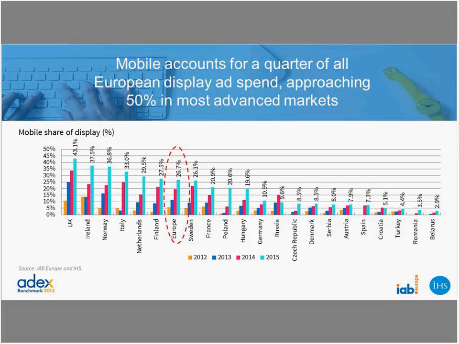Interesting: a European average of 26.7% mobile share of display. In the US, it's 35%. You see here in the study 3 markets that have a higher mobile share of display than the US currently has, which is often seen as the signature market for this.